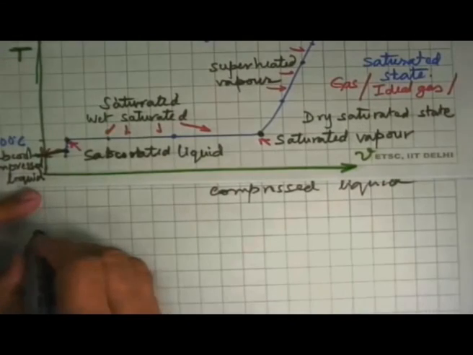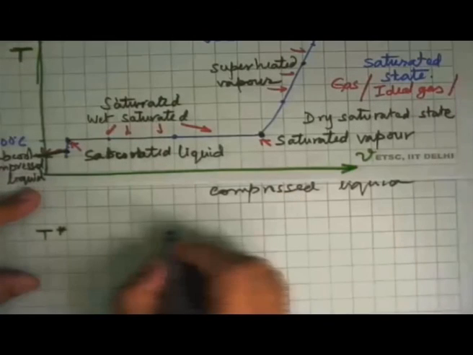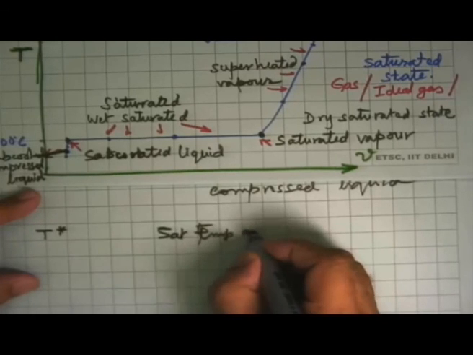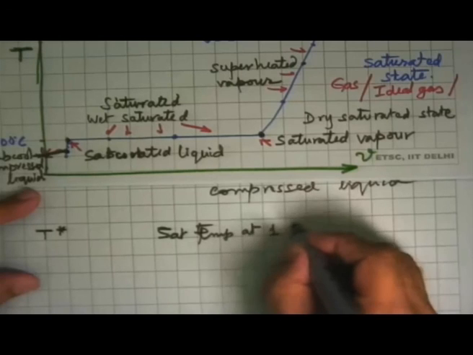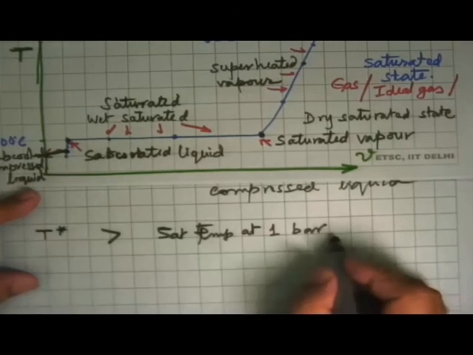And what one sees here is that in all these cases, the temperature is more than this temperature. If the temperature T star at any state here is compared with the saturation temperature at that pressure at 1 bar, this temperature is more than the saturation temperature.